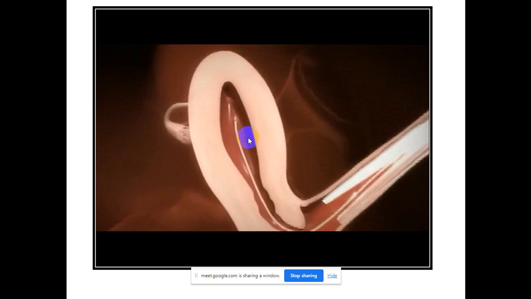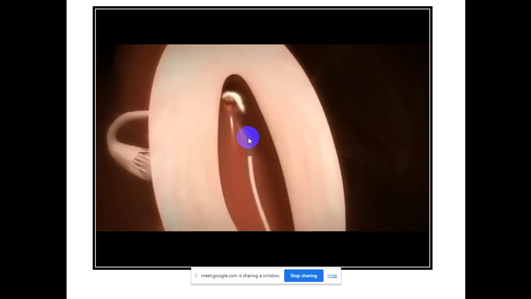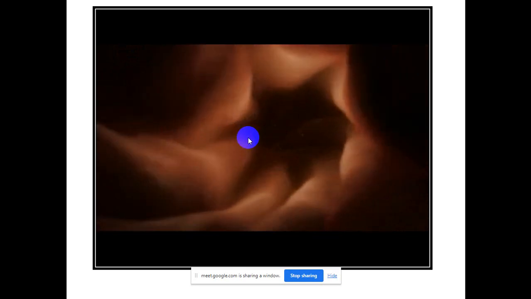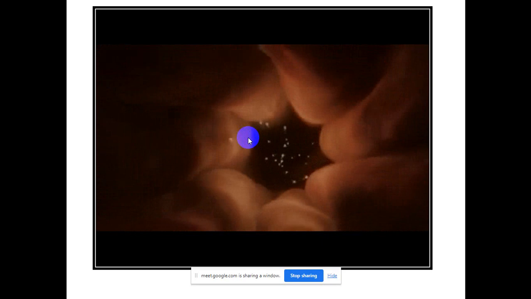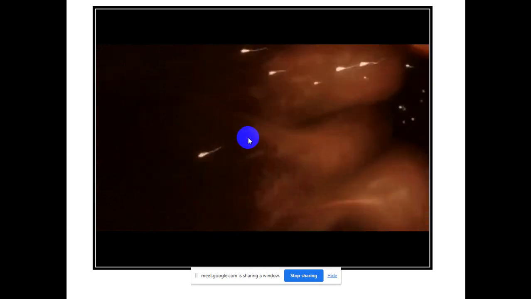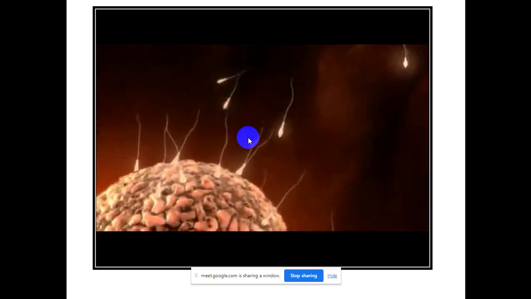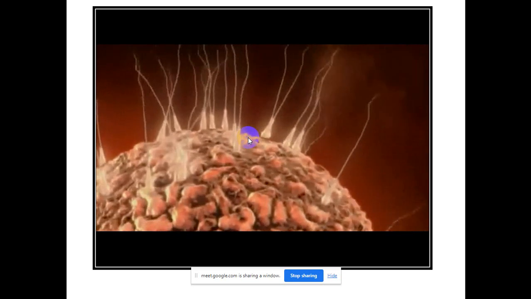The objective of IUI is to bring these sperm cells as near as possible to the egg. Nevertheless, only the most mobile sperm cells will actually reach the egg, and only one will penetrate the outer layer of the egg to achieve fertilization. But just as in everyday life, there are many times that fertilization fails and the cycle passes without a pregnancy.